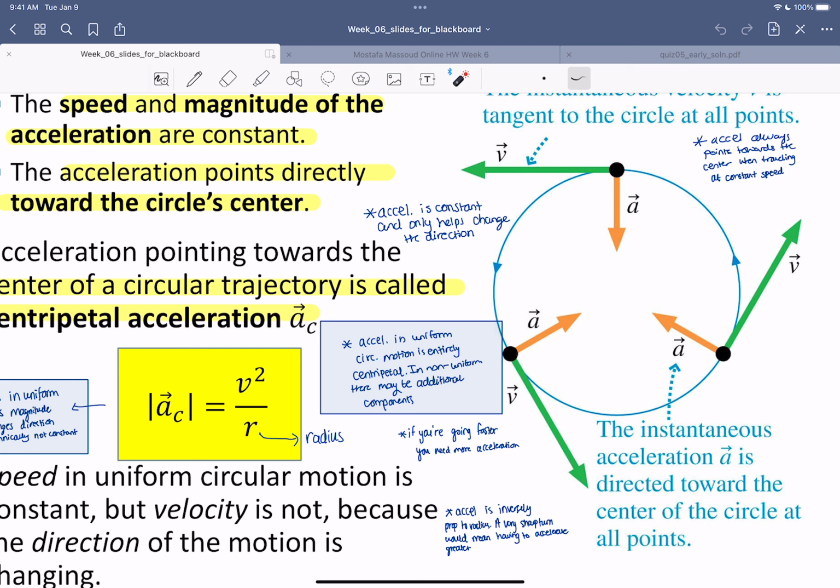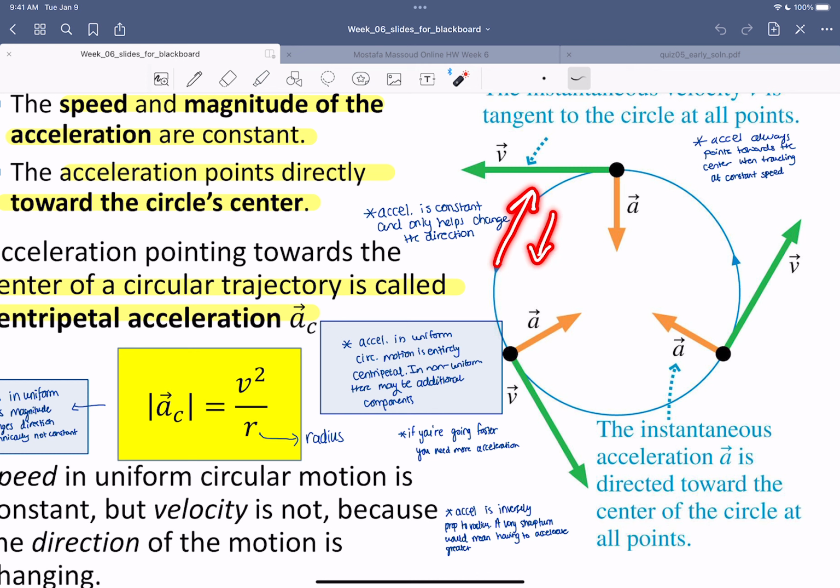If it's non-uniform, if you're not traveling at a constant speed, you're going to have some components that are centripetal, pointing towards the center, and other components pointed in whatever direction you're moving. Or, for example, if you're slowing down, moving in this direction, then your acceleration is actually opposite.